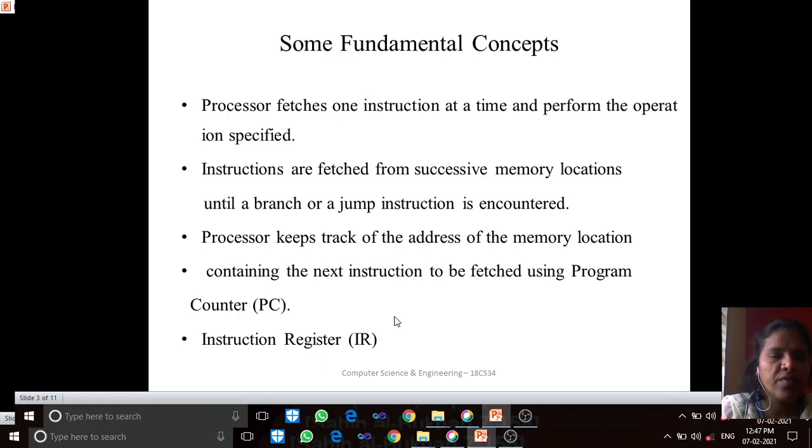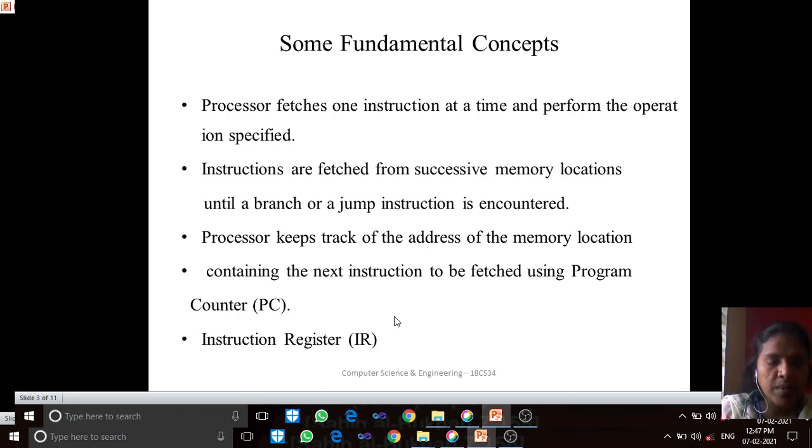Instructions are stored in contiguous memory locations until a branch or jump instruction is encountered. Branch means it will transfer control from one part of the program to another, depending on a condition. Jump is unconditional; it transfers the control without checking the condition.